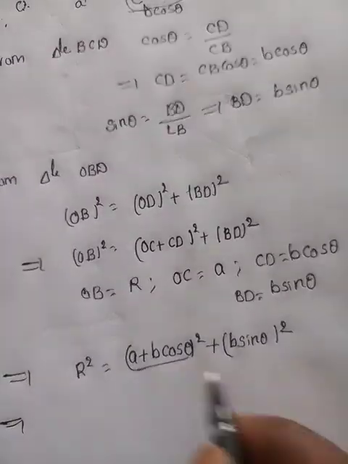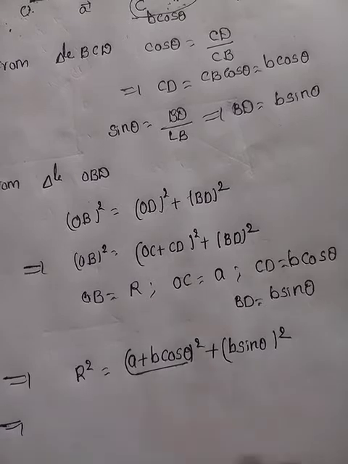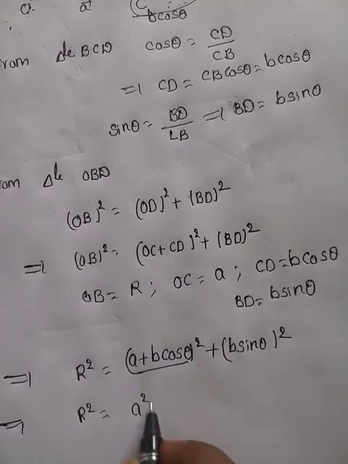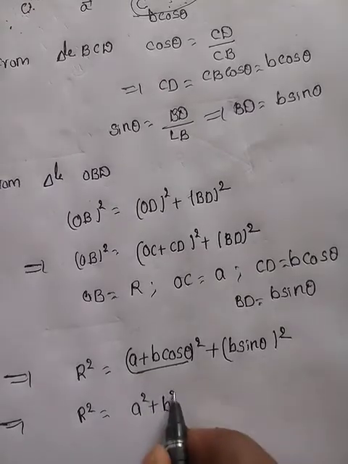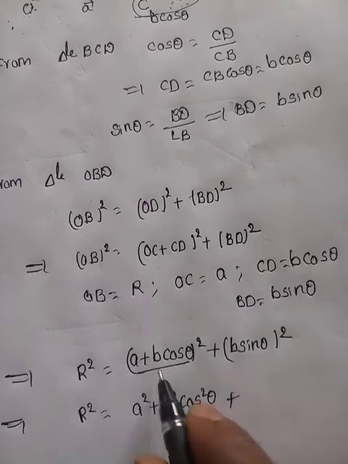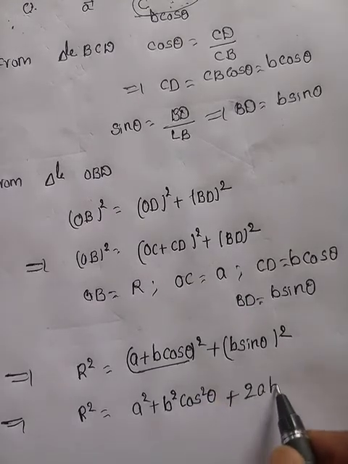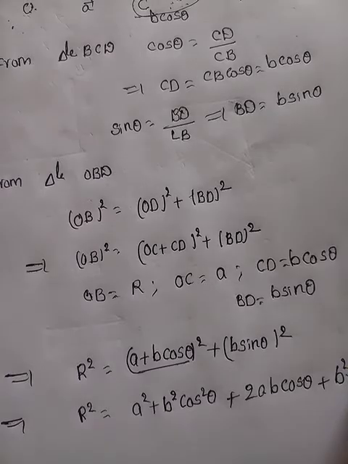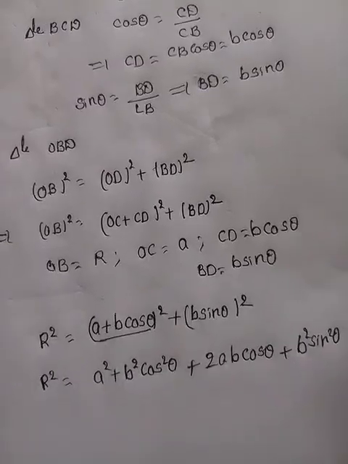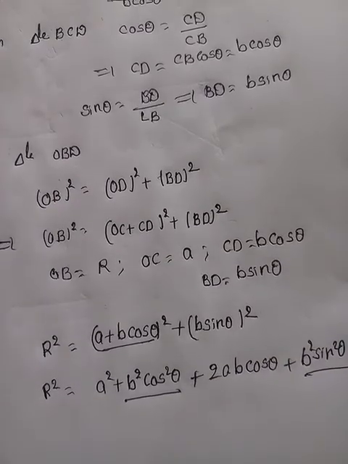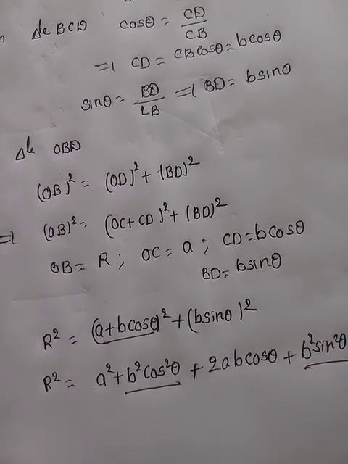So, this is in the form of A plus B whole square. So, you can write R square is equal to A square, plus B cos theta whole square, B square cos square theta, plus 2AB cos theta, plus B square sin square theta. Here, if you observe, here B square cos square theta, here B square sin square theta, what can we write?